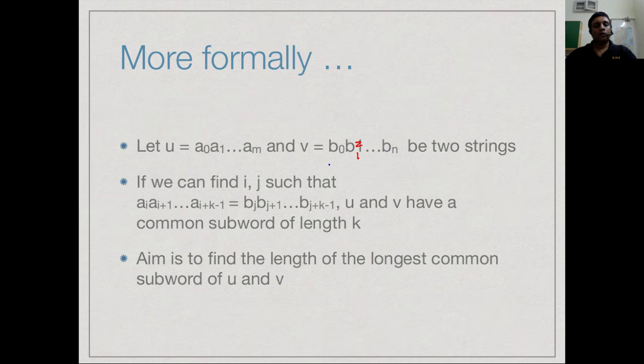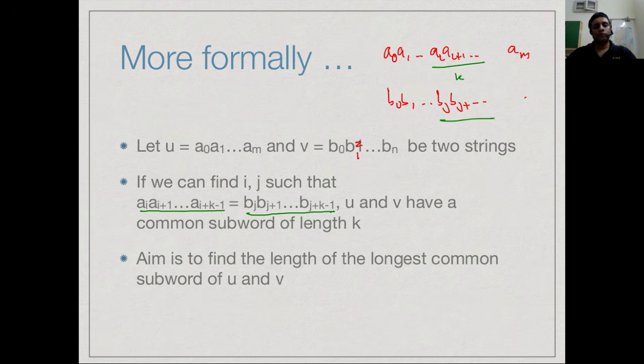If I can find some segments starting with AI and BJ, such that if I start from here and read off K letters, AI to AI plus K minus 1, and from BJ read off K letters, BJ to BJ plus K minus 1, and these are both K length segments which are equal, then I will say that U and V have a common subword of length K. So there must be a matching segment of the word.